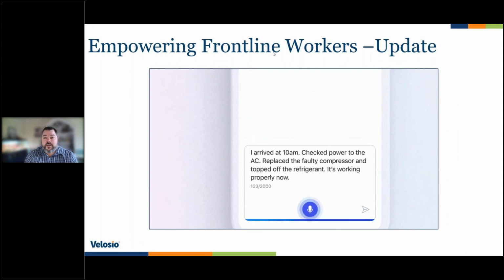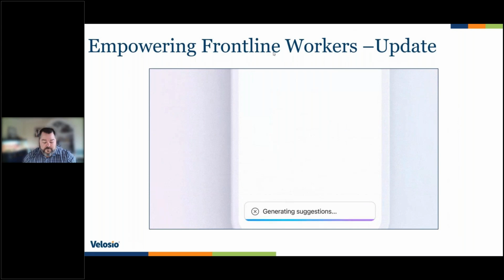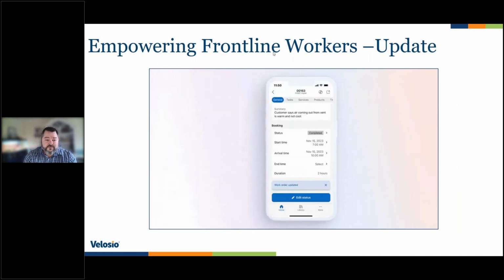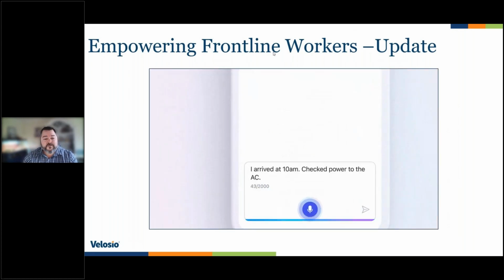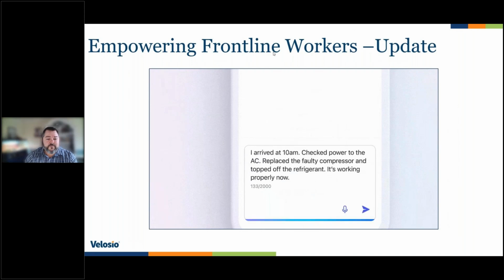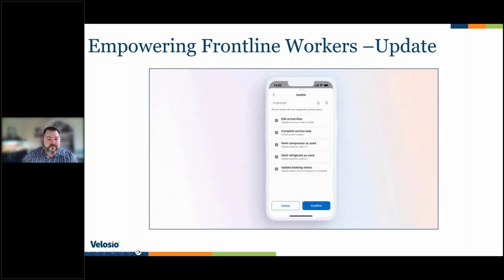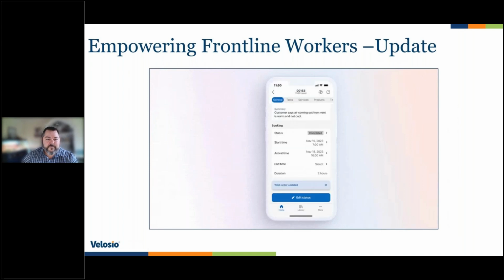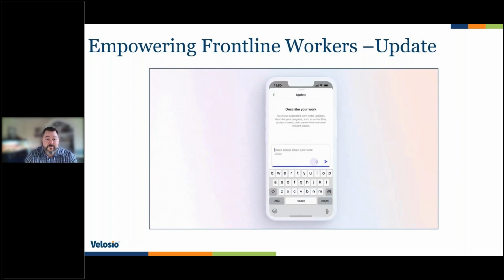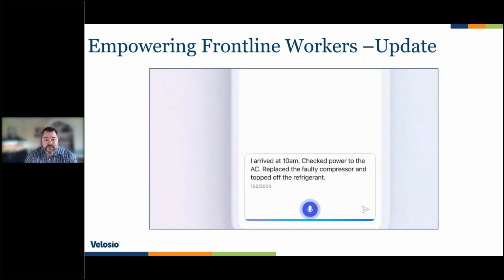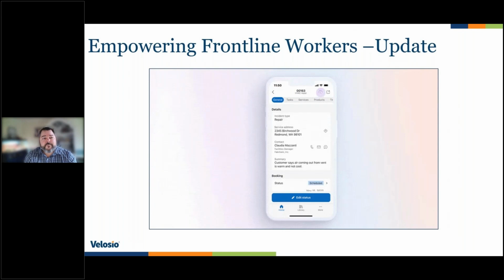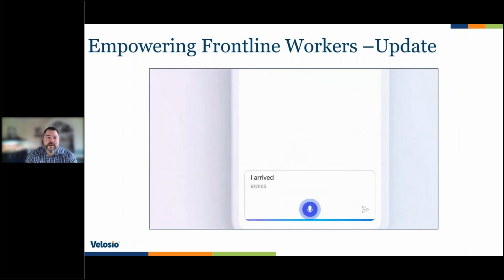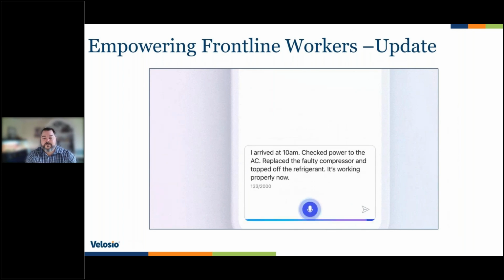So instead of having to go into the CRM and update each one of these items, that tech just has to click on there, click on update, talk to the mobile device, and it actually populates on the CRM. So this allows real-time updating. It decreases the amount of time that a frontline worker has to go in and update information, and also allows them to not have to go back to the hotel room and update their work orders. So they can do it while they're sitting there on site.